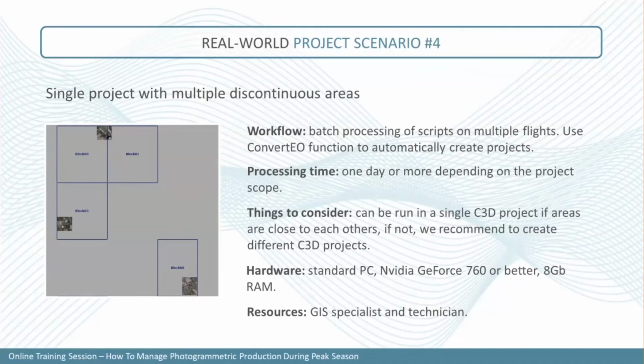Then you're going to have a script that's going to run all your projects, and once this project is created, it's going to jump automatically to the next project. So maybe here, as resources, we suggest a GIS specialist who is going to do the QC on all the projects, and maybe a technician that can run such projects.